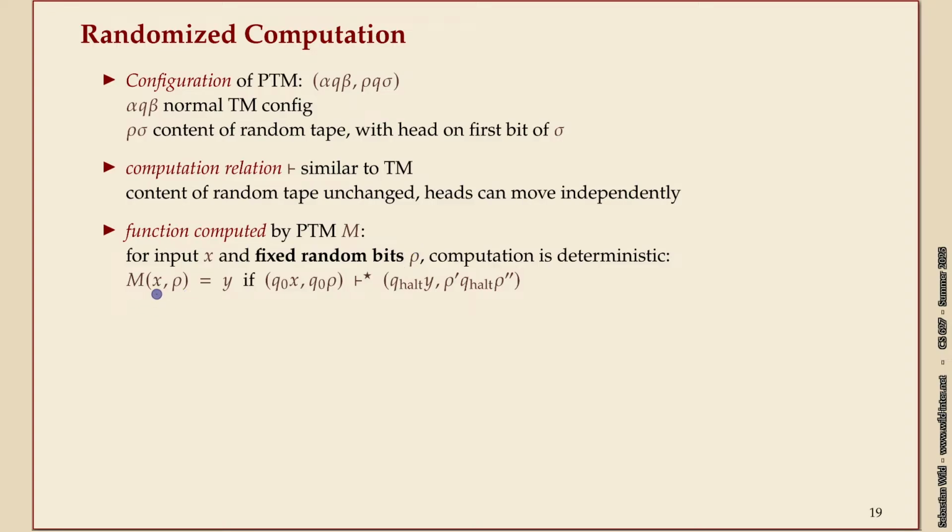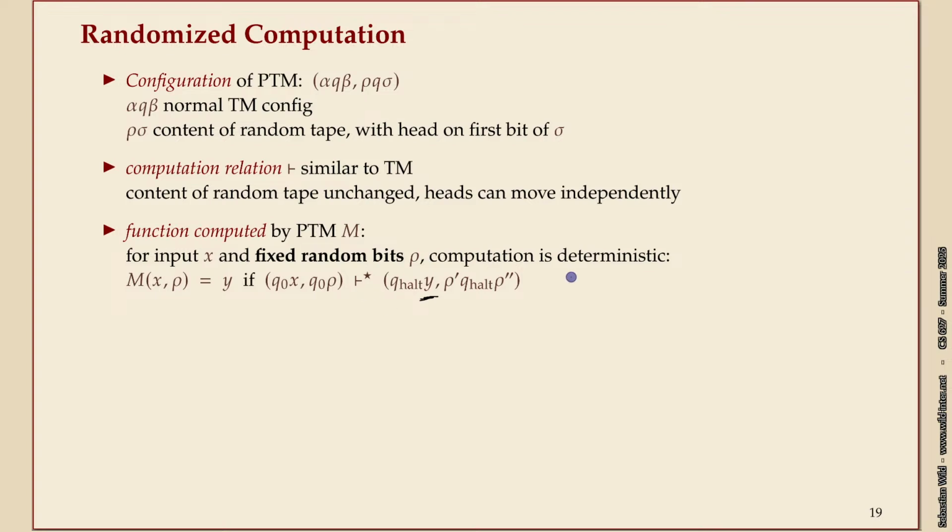I can write m of x and rho, the random bits are given, is a certain value y, exactly when from the initial configuration, I can reach the terminating condition where I reach this halting state, and I've produced y on the input-output tape. This is almost the same as before, except that I have this second component, but for the function computed, I'm kind of ignoring it. I just say something will happen to the random bits, but I don't actually care. These are just defining what the steps in between are.